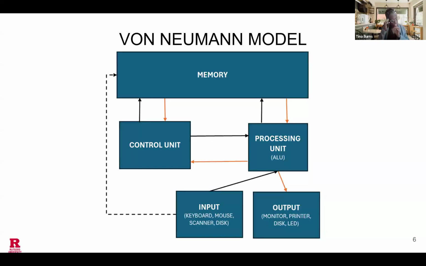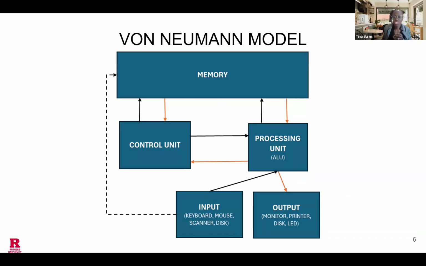Now, if we look at this conceptually, this is a model of that particular diagram. Notice how it shows you the flow of data. Your memory is this huge stage that we get to play on. A lot of the instructions or the data you're going to get is stored in your memory, but not everybody is going to have direct access to that memory.